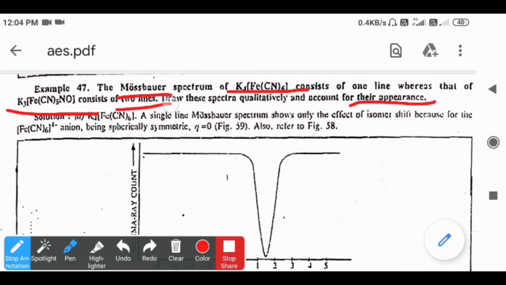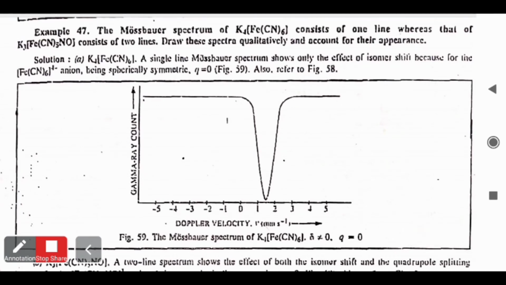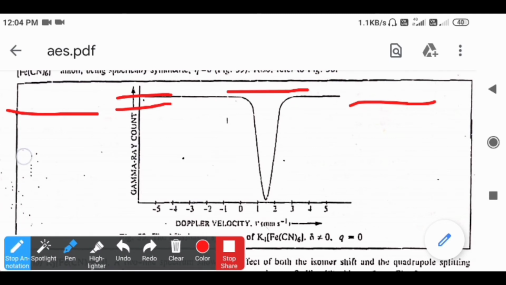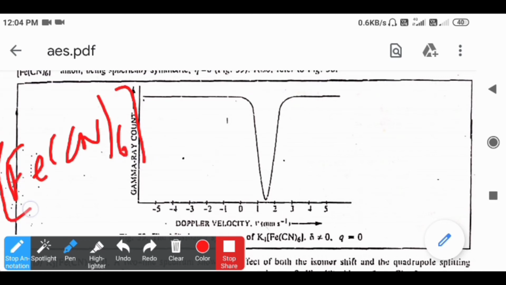So we need to explain this. Consider first the spectrum for [Fe(CN)6] 4-.